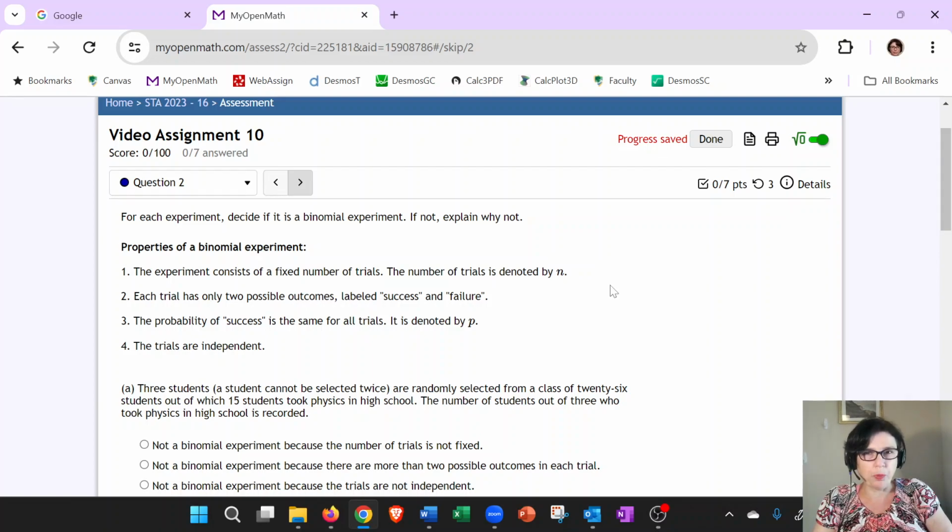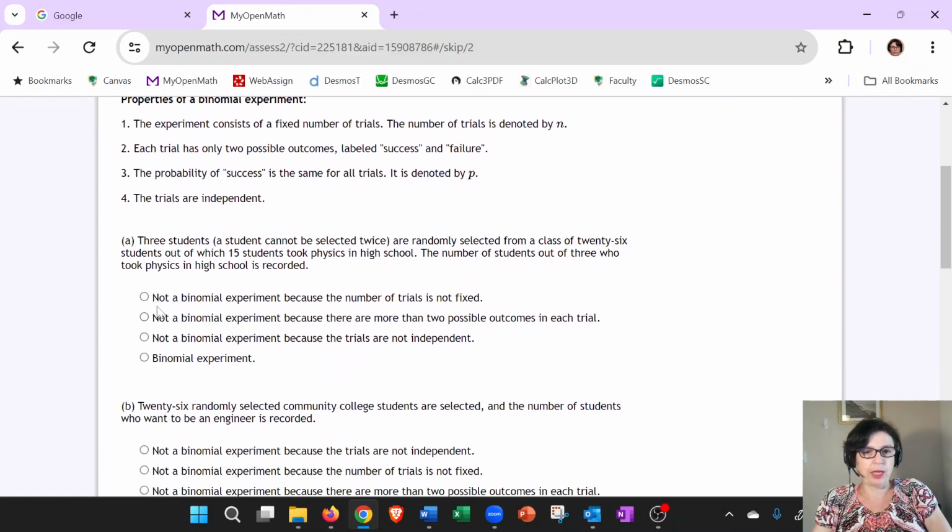But if it's a small pool of items, for example, you have 20 items and 8 of them are blue and 12 of them are green, and you're selecting, let's say, 3 of them, it's going to matter what happened on the previous trials, because some of them will be gone if the selection is without replacement. Some of, for example, the blue balls will be gone, so the chance will change. So this is not going to be independent. So usually when the selection is without replacement, and also from a small pool of items, that's when you have not independent.